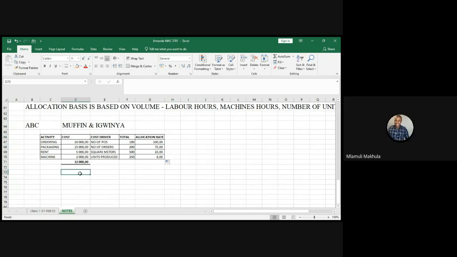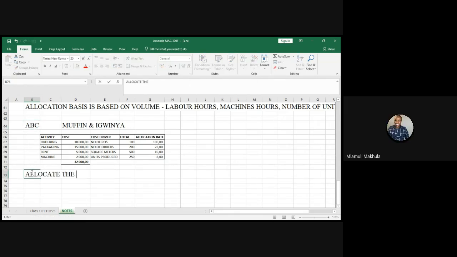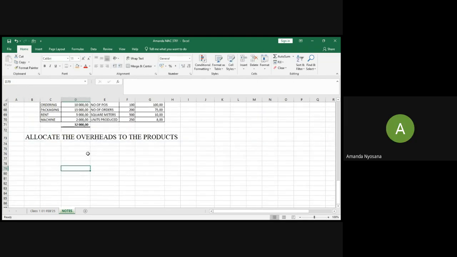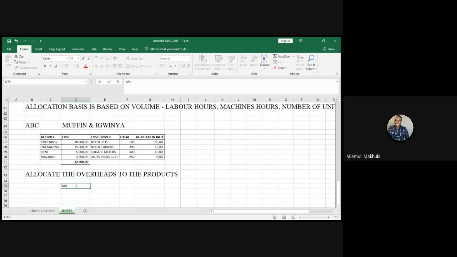After you have done this analysis, the next stage will be to allocate the fixed manufacturing overheads to the products. In this case, our products are a muffin and a vetkoek. How much do you have to allocate? It's 32,000, my friend.